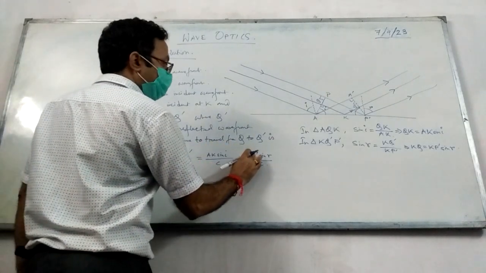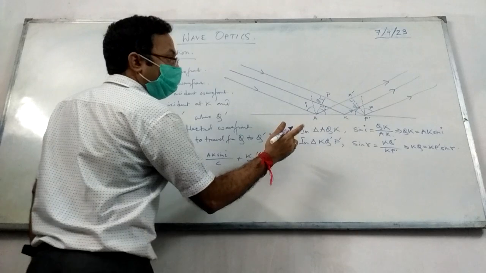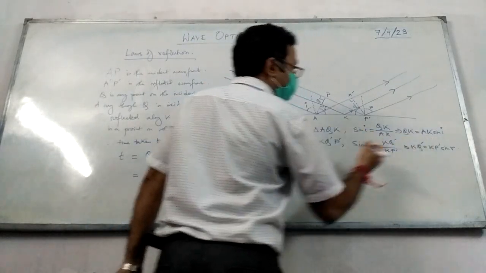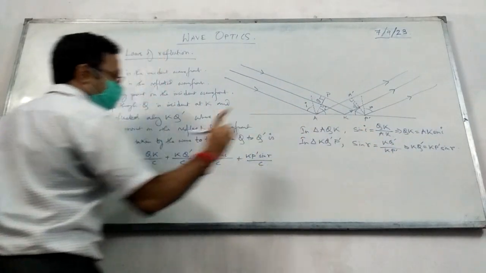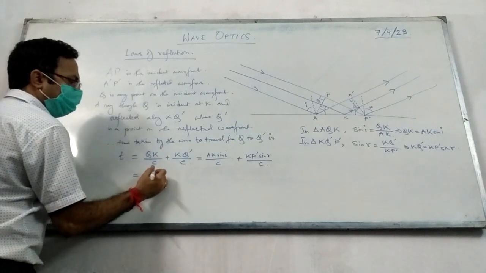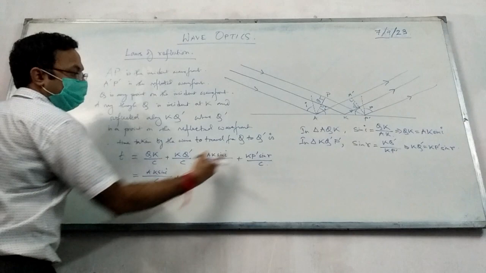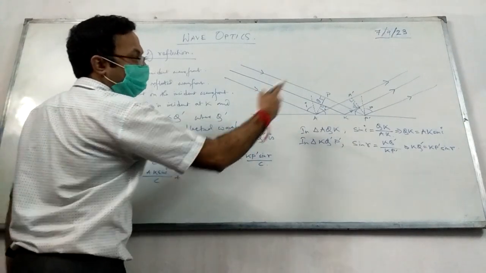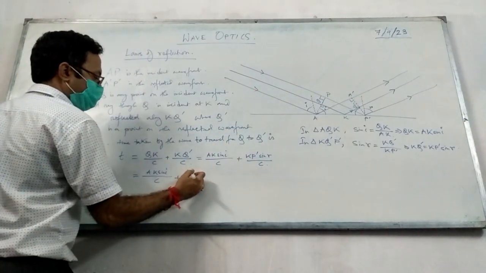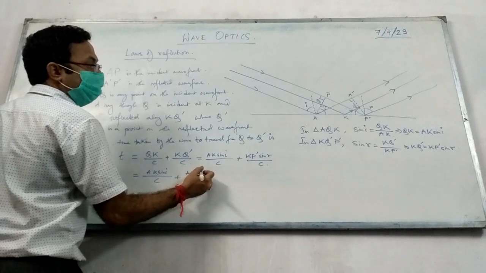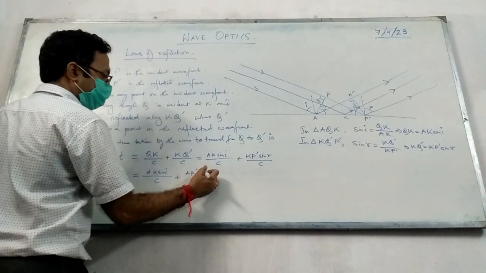Oh, KP dash. उधर. Oh, Q dash is side. KP dash. ये same था, ये same. अच्छा, अब now let it be AK sin I by C plus KP dash can be written as AP dash minus AK.